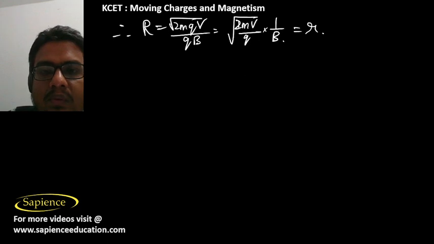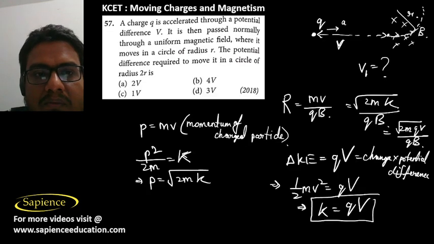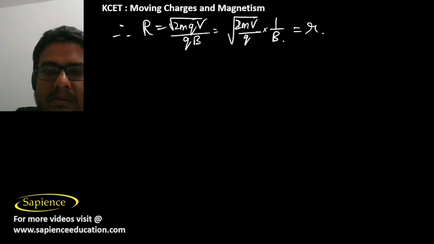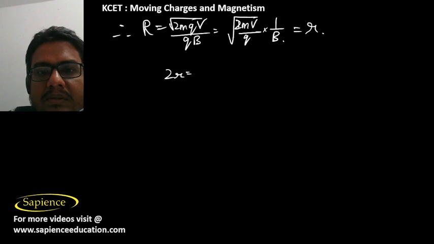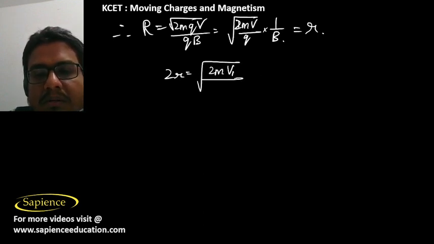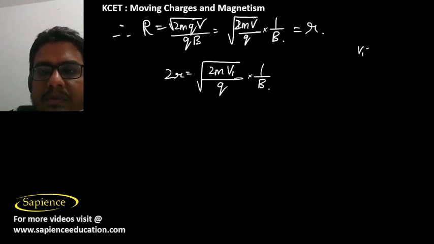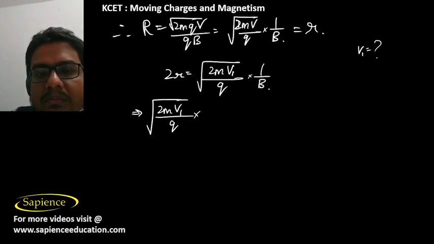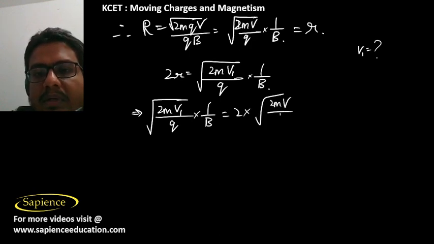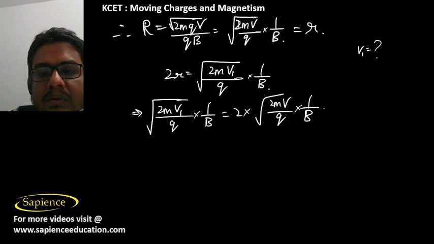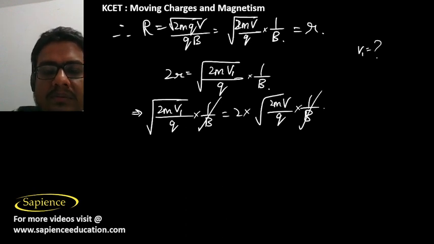Then to get the radius as 2r, what should be the potential difference required? So 2r is equal to root over 2m into V1 divided by q into 1 by B. So this V1 is being asked. So root over 2m V1 by q into 1 by B is equal to 2 into this radius, which is root over 2mV by q into 1 by B. So 1 by B will cancel out.